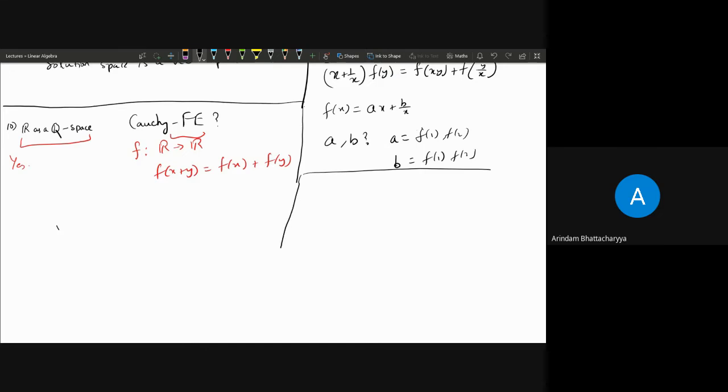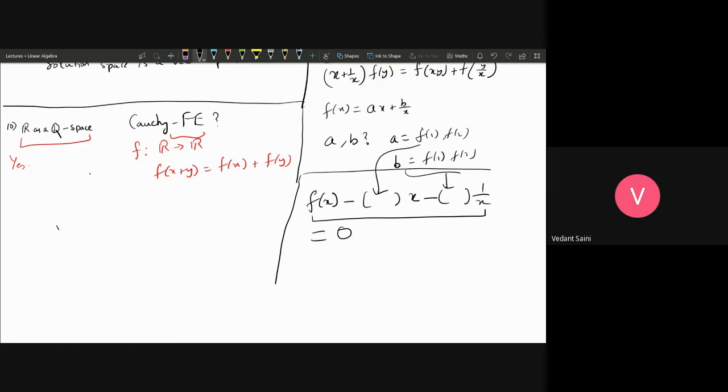The idea then often is that you try to show that the function f(x) minus this combination times x minus this combination times 1 by x is equal to 0. Did that make sense? You guess what a and b should look like, and then you try to show that this thing is identically 0.